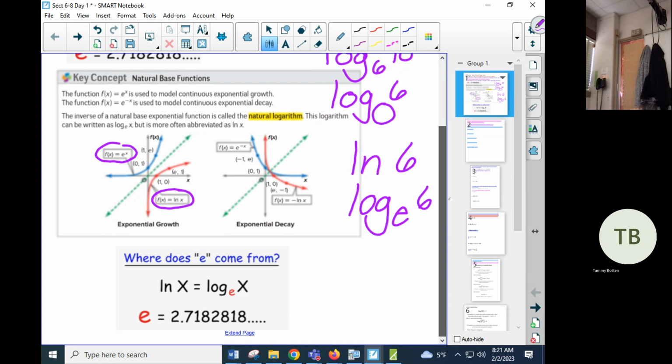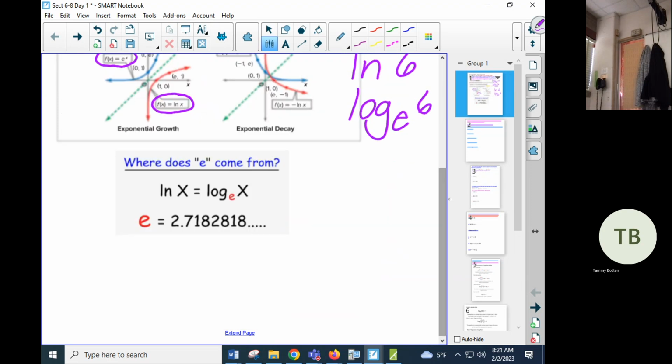They're inverses of one another. So the reason we study E when we talk about logs is that the natural log that we're talking about today is log base E. And again, you don't really even have to know what E is, but it is 2.7182818, and it keeps going.